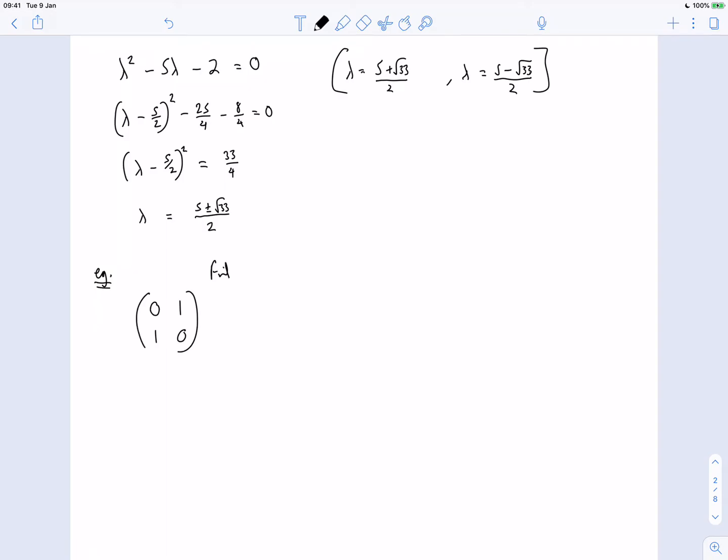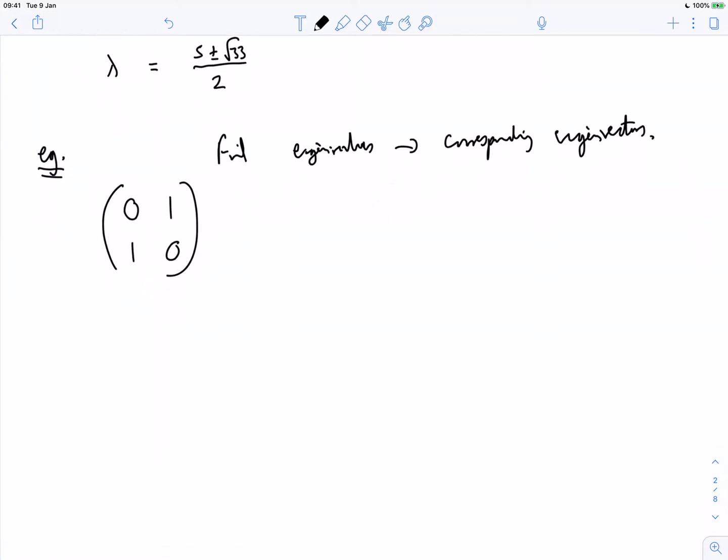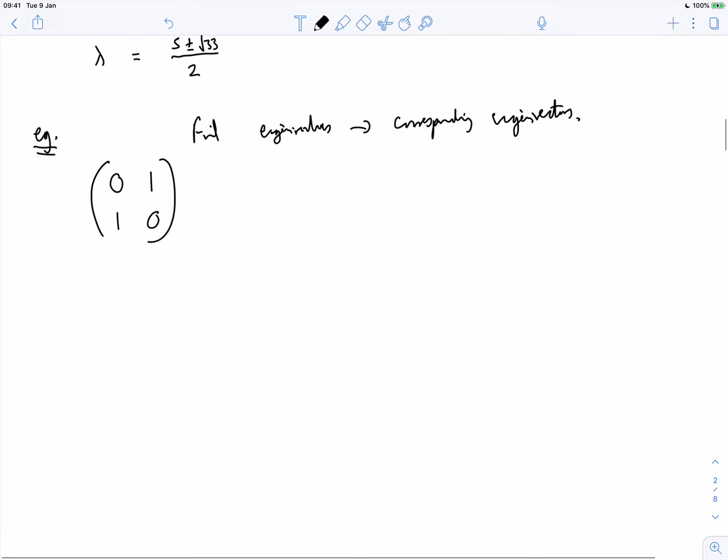I want to find not only the eigenvalues, but the corresponding eigenvectors. Okay, so hopefully this works out a bit easier. Let's call this matrix A.